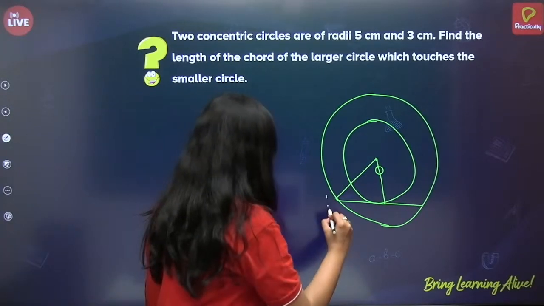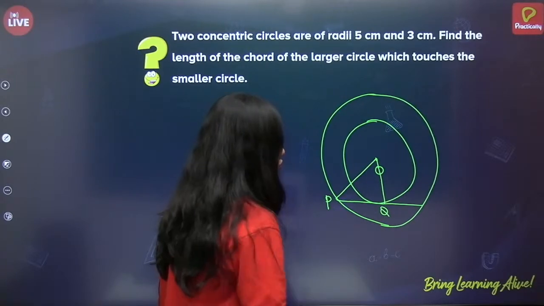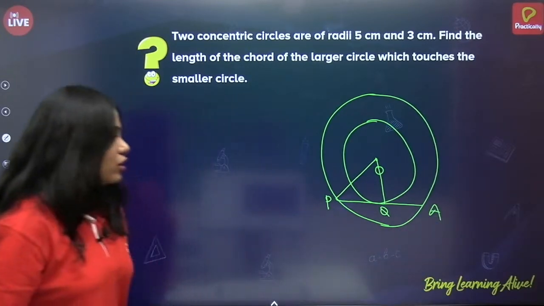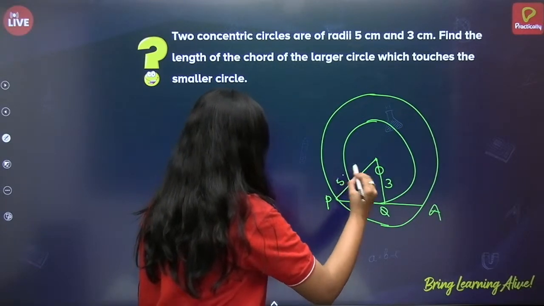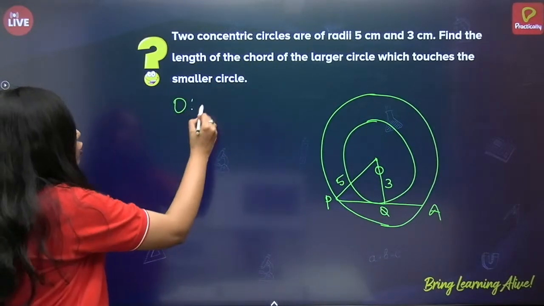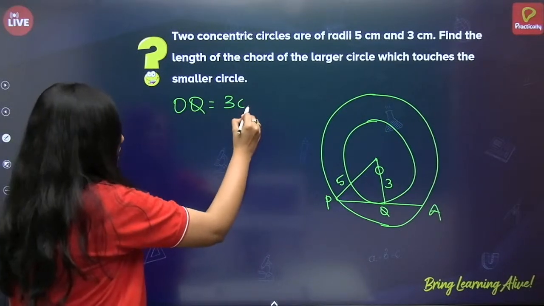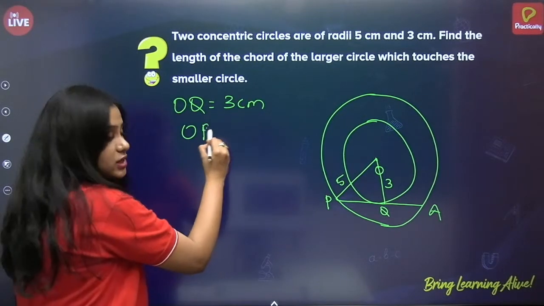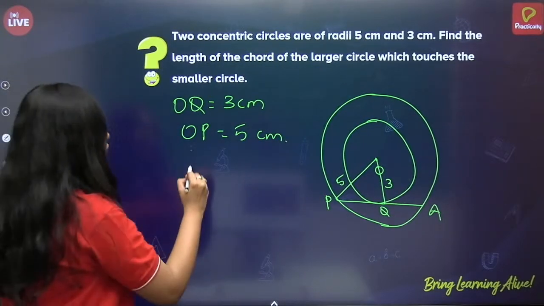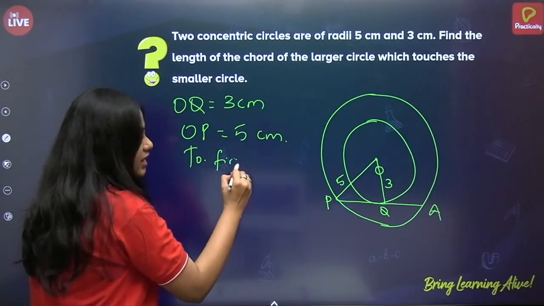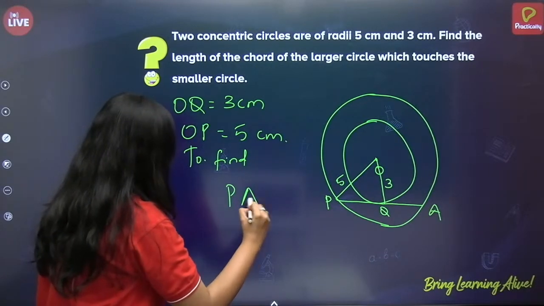Let me take this as P, this is Q, this is A. Alright, so OQ is 3, OP is 5. OQ is equal to 3 centimeters, OP is equal to 5 centimeters. Now we have to find the length of PA.